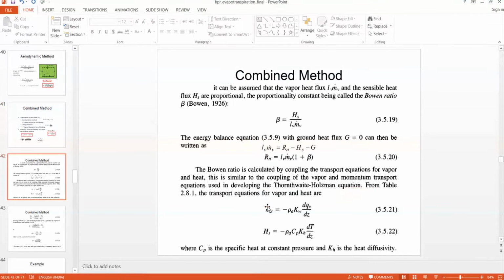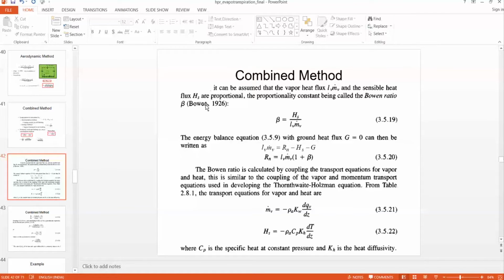Here is explained how to calculate the gamma value, because the sensible heat and the water vapor are transported using the convection method. Therefore Bowen is a professor.